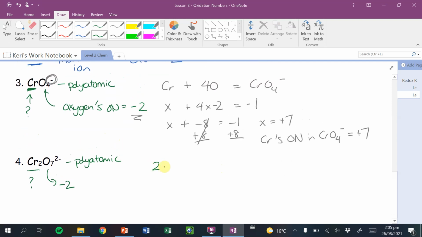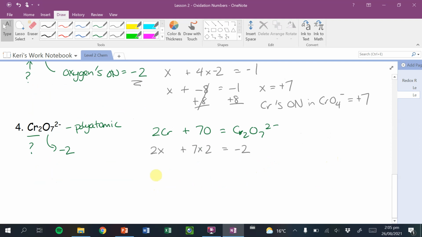I have 2 chromiums plus 7 oxygens equal to my dichromate. Then let's start substituting numbers in. This is going to be 2x plus 7 times -2 equals -2. Then let's do the math. So 2x plus -14 equals -2.